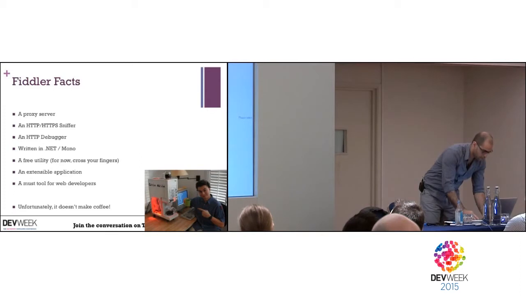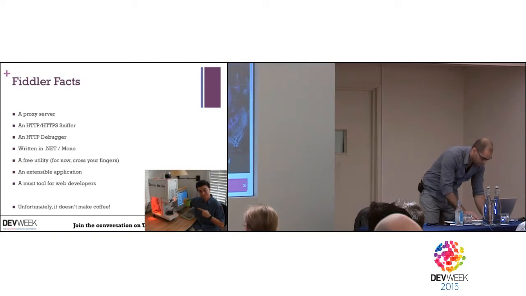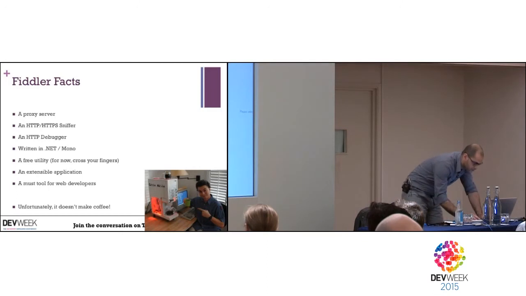Okay, so here is Fiddler on a Mac. The UI hasn't gotten any better. As you can see, it's not getting anything. Let's try something. DevWeek. And for some reason, it's not showing traffic.